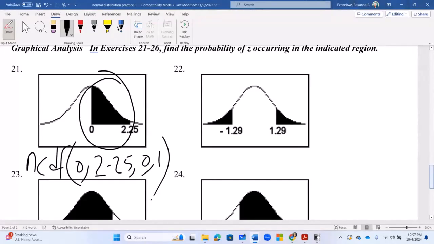And this is the symmetric property of the normal curve, so the absolute value of Z on both sides is equal. Therefore, when I find the area to the left, I multiply it by 2. I can pull my calculator, find the area to the left, and multiply by 2.